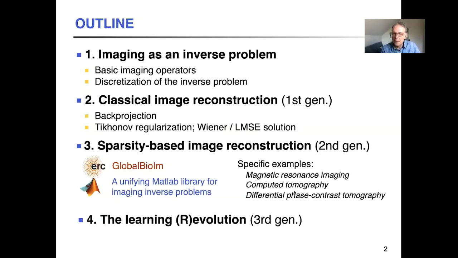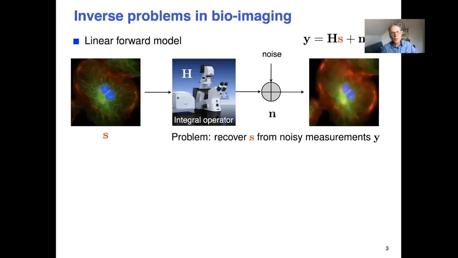The latest ones are more sophisticated, not just feed-forward neural networks, but also involve some type of recursion. So they very much follow the iterative frameworks that were developed in the context of compressed sensing.